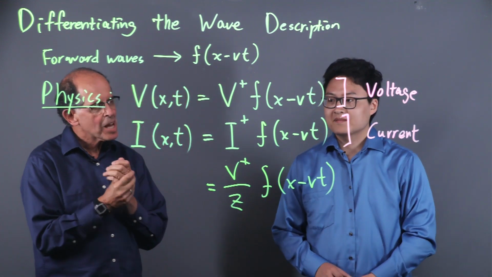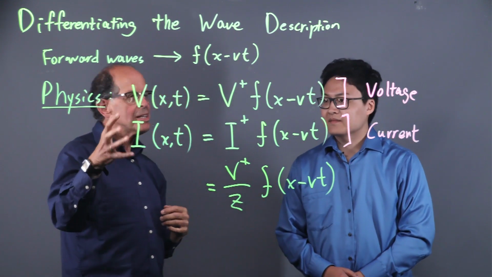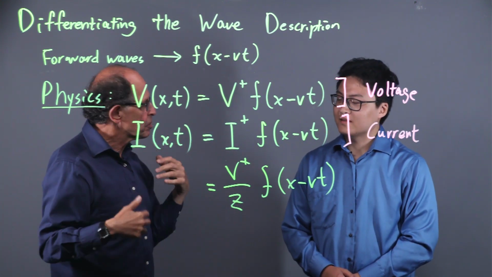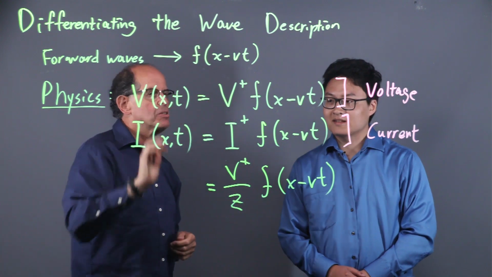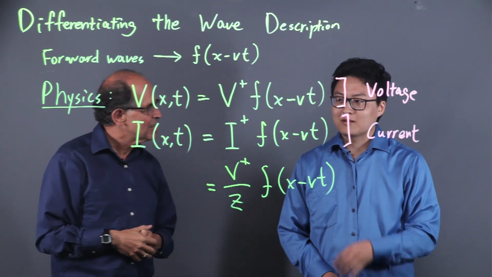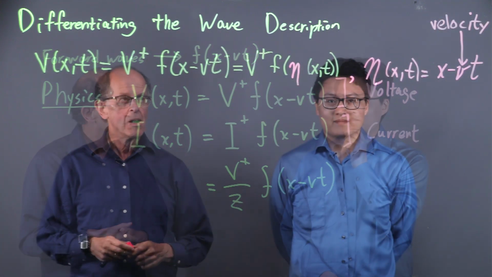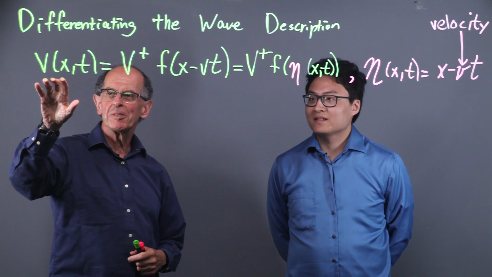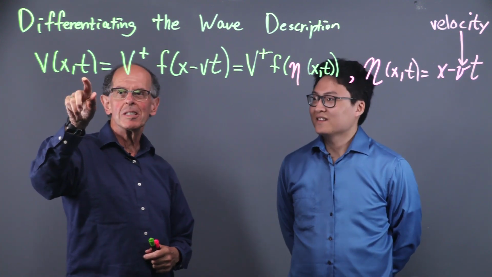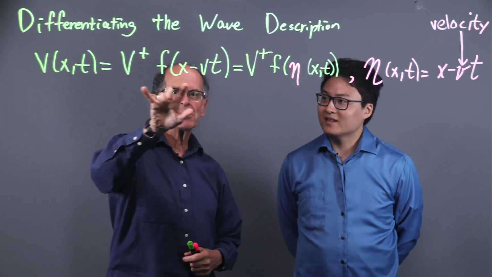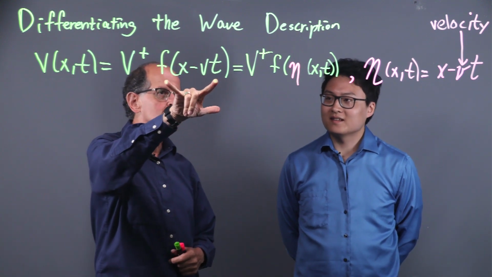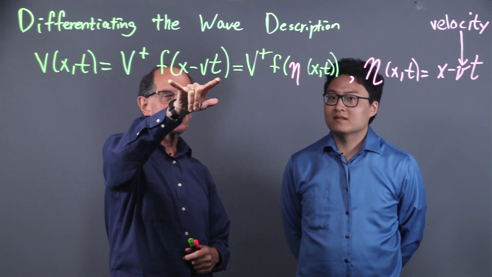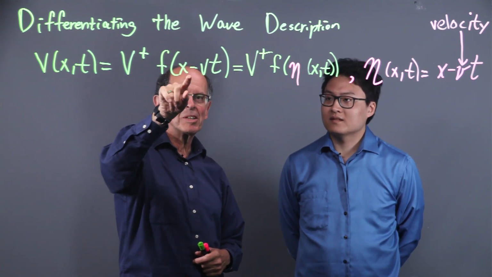So now, Sam, I'm going to ask you the question, what equation does the voltage wave have in terms of derivatives as a function of x and t? Well, Sam, before we get the equations, let's write down our expression for the voltage as a function of x and t. So V plus, the amplitude, our function here, f of x minus vt. But I'm going to simplify things a little bit by writing this in a different way.